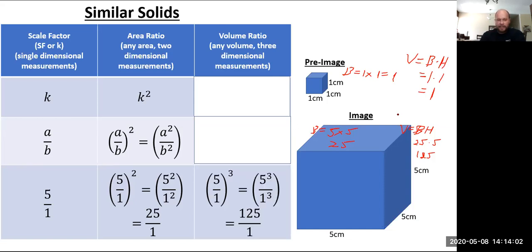Well, how did that relate? Go back to the idea that we had 25 before, and we had 5 originally. Well, 25 times 5 is 125. So essentially we did 5 times 5 times 5, or 5 cubed. And this will apply every single time we talk about volume of similar images.